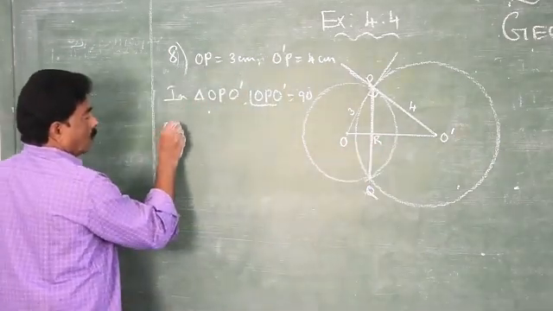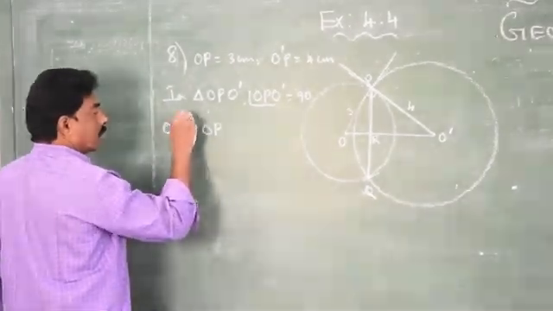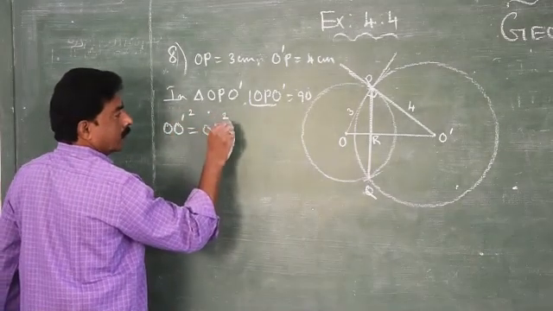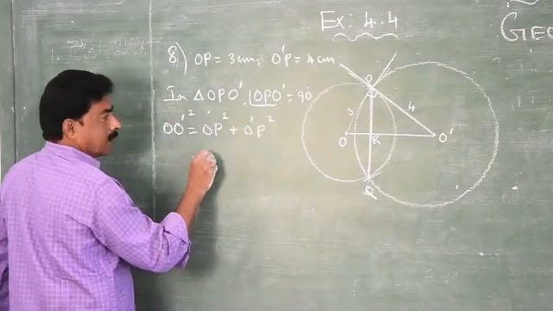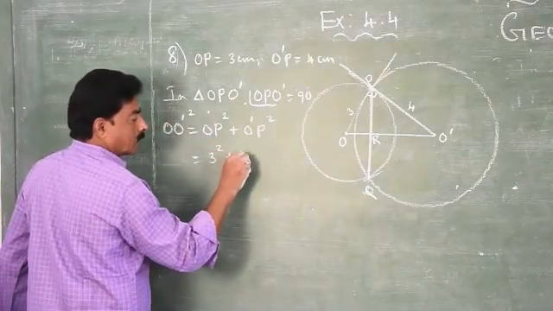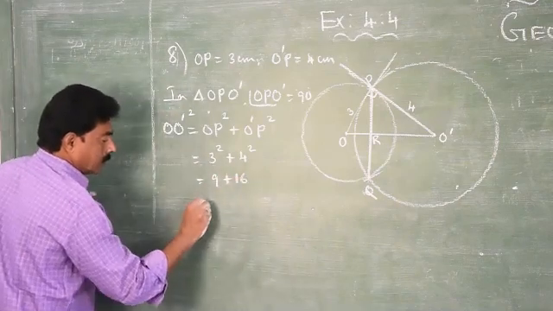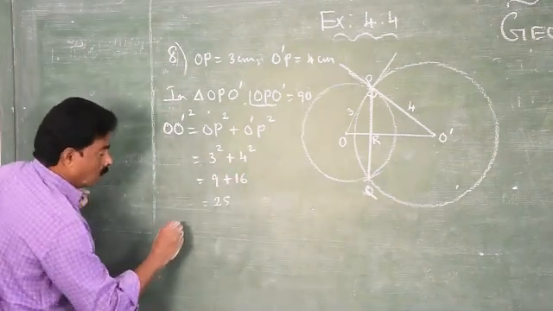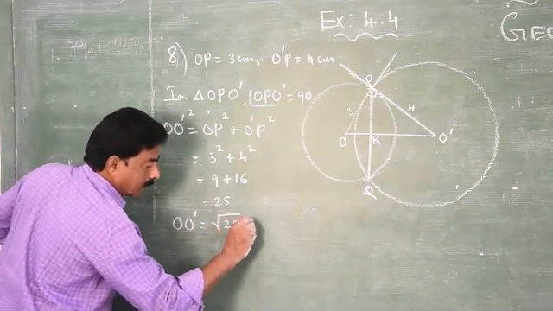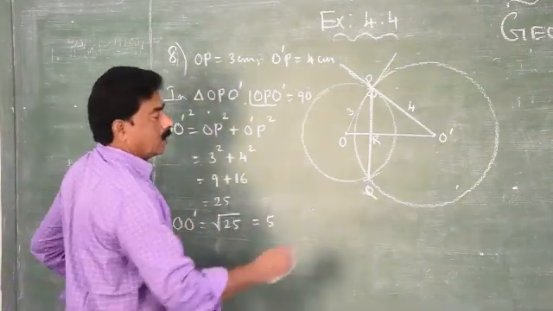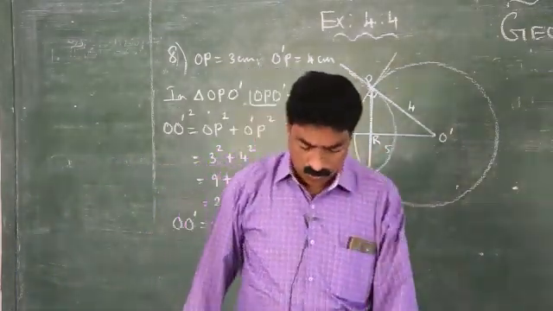So OO dash square is equal to OP square plus O dash P square. That is 3 square plus 4 square, 9 plus 16, that is 25. So OO dash is root of 25, that is 5.